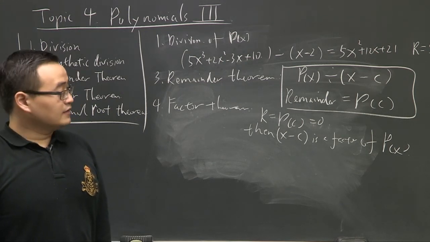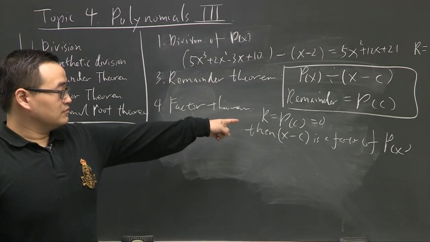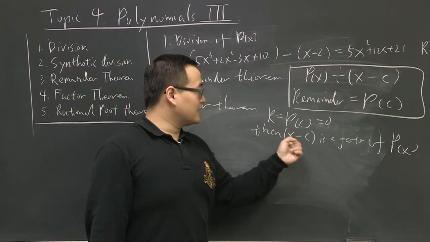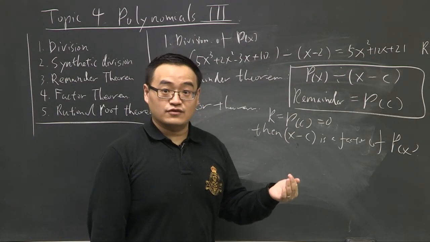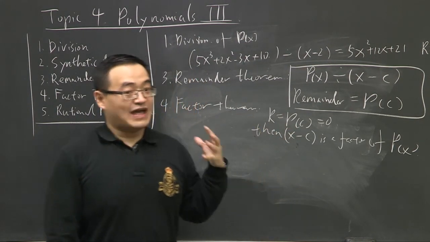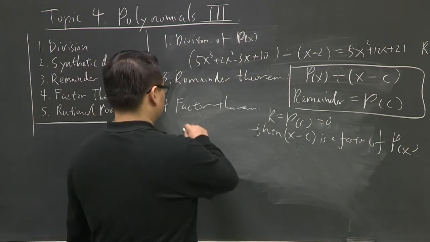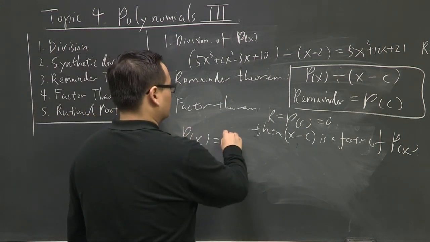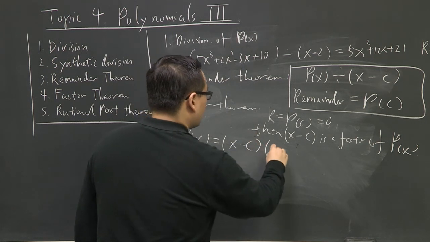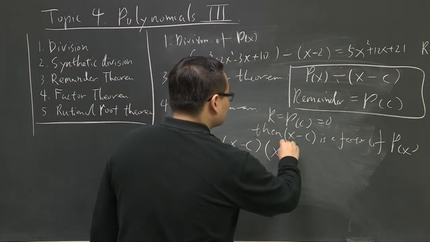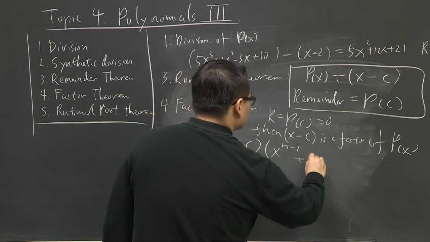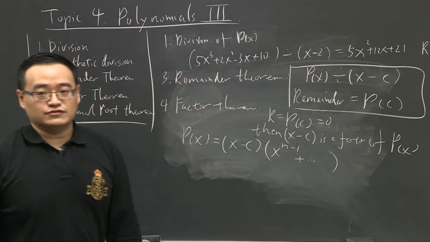Okay? Right? If the remainder is 0, then this guy that I divided by has to be a factor. And what's the benefit of having a factor there? Then I can write P of x is equal to x minus c times a polynomial of lesser degree. That's how I reduce the polynomial.